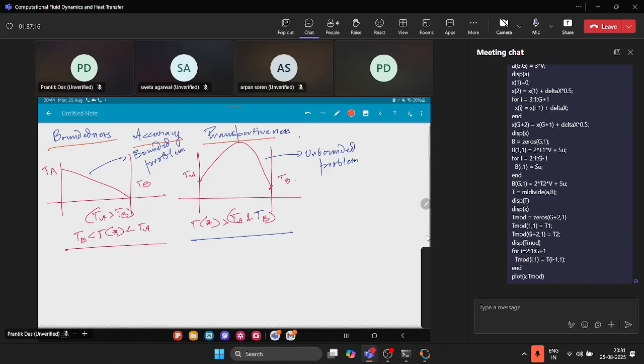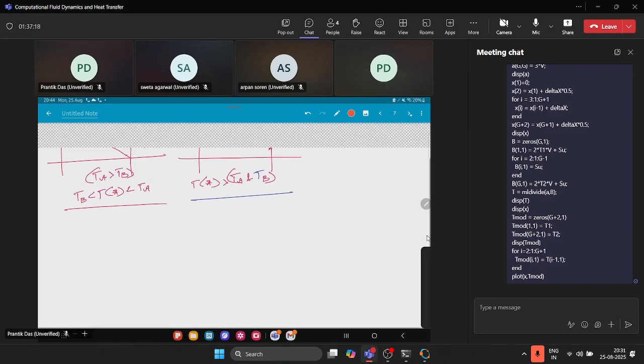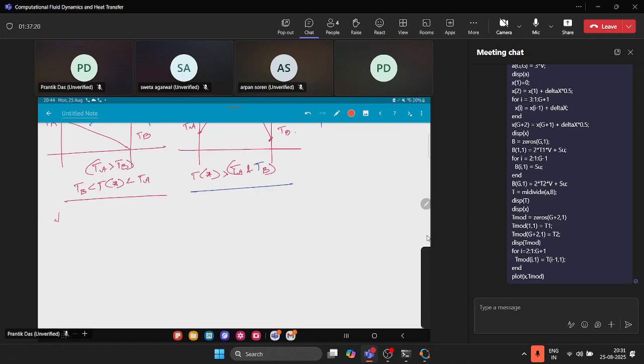There is another thing which is called accuracy. What do you mean by the accuracy of a discretization scheme?